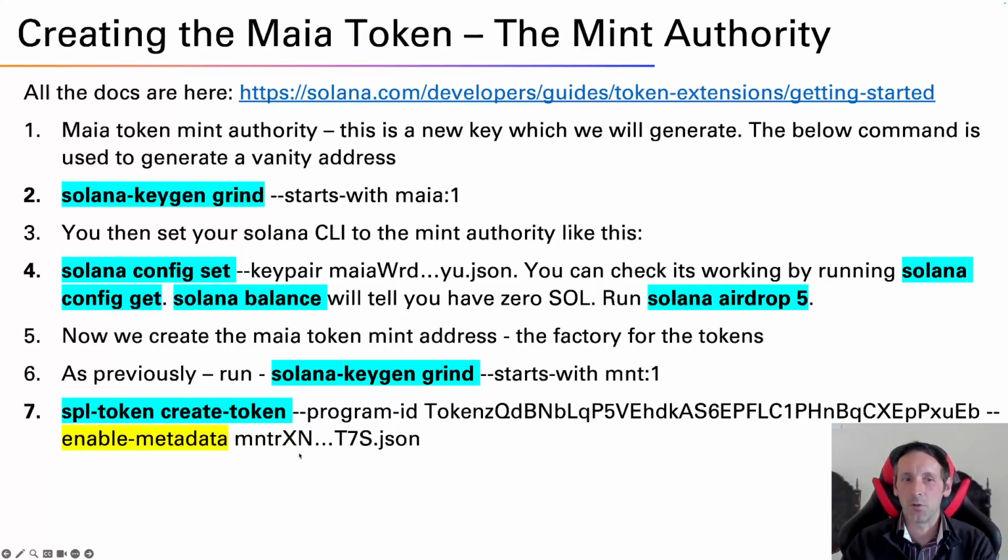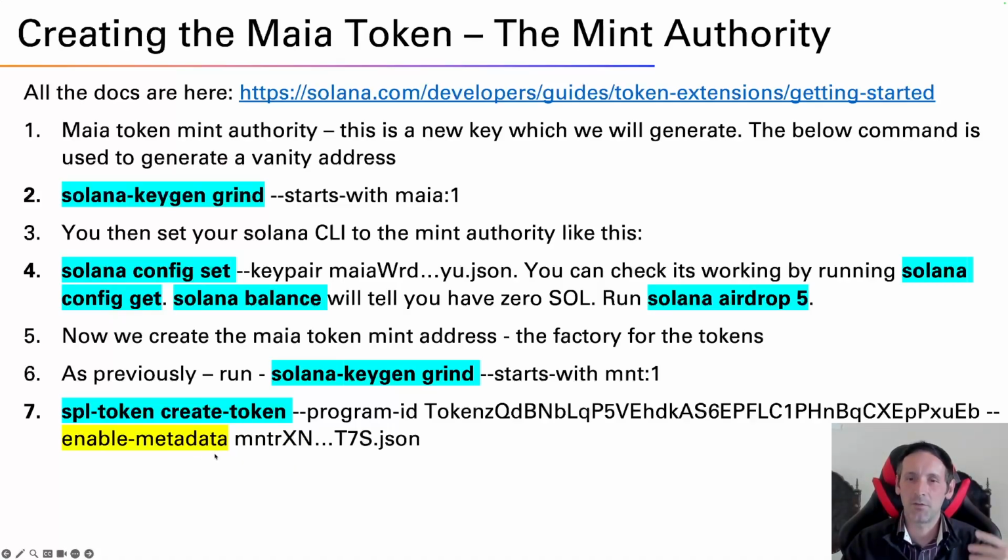One of the things that you will see in the documentation when you look into it in detail, and I have more information about this in the next slide, is that you can configure lots of different flags over and above this enable metadata.